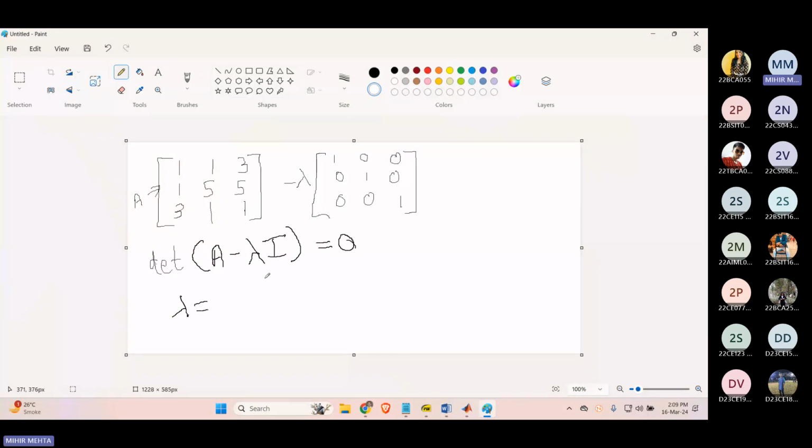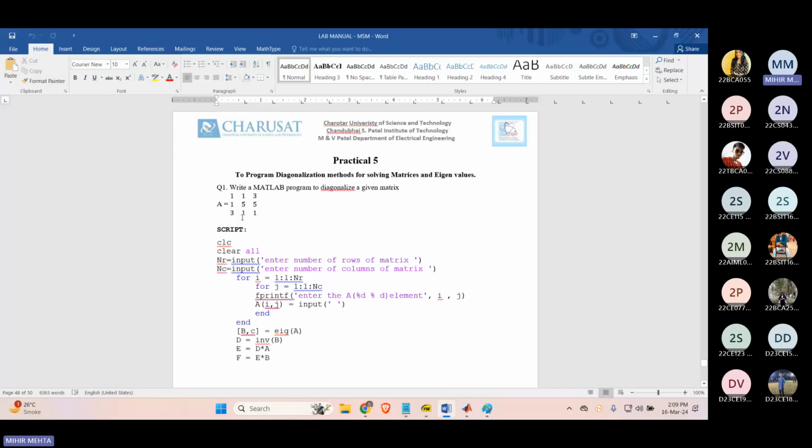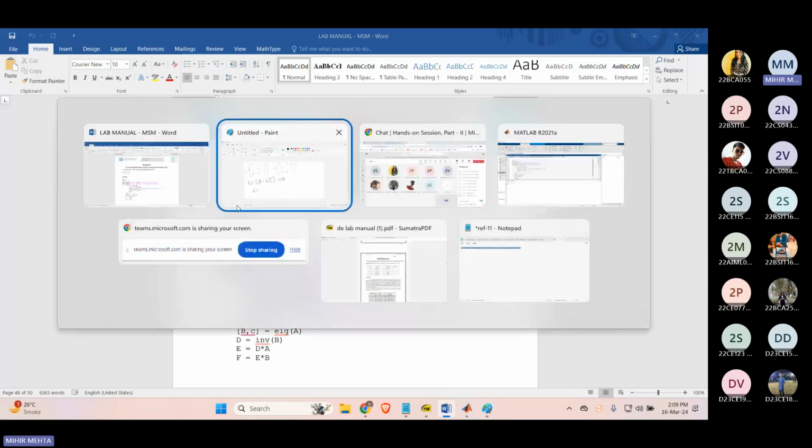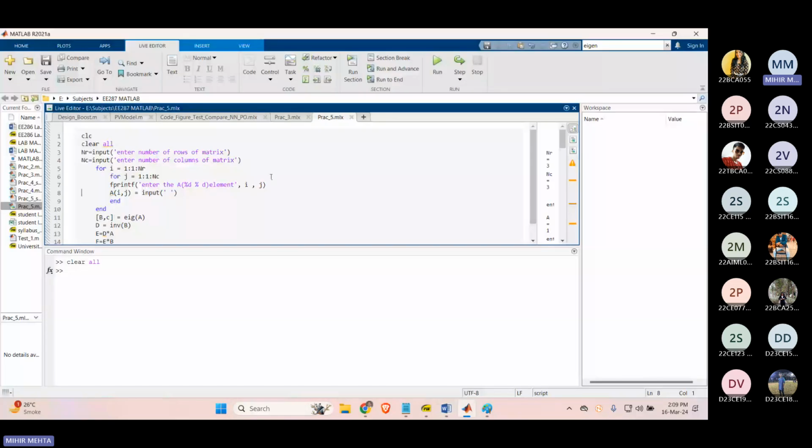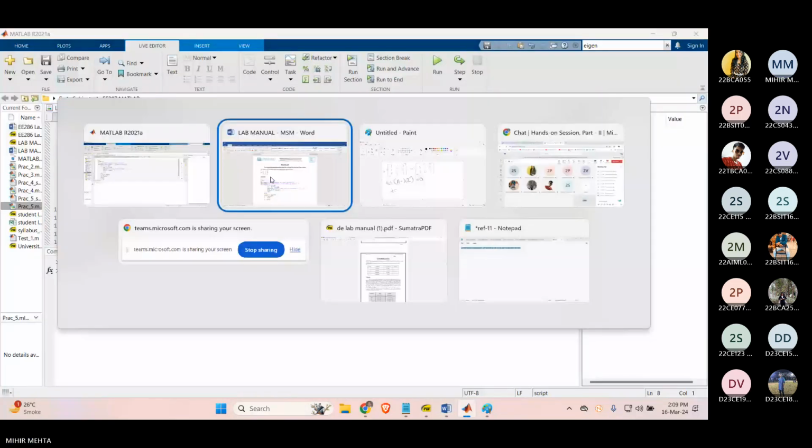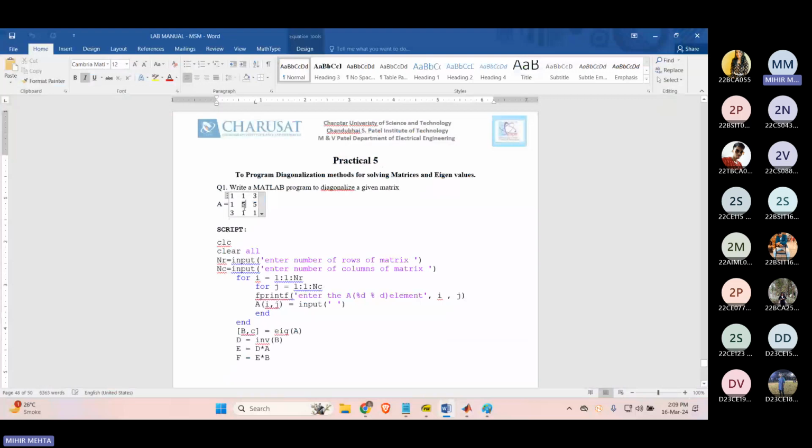Here what I want you to understand first is that if I come back to my MATLAB window, I want to enter this particular matrix. But if you want to change a value, I should be able to. I want to make a program in such a way that my user can enter the values.